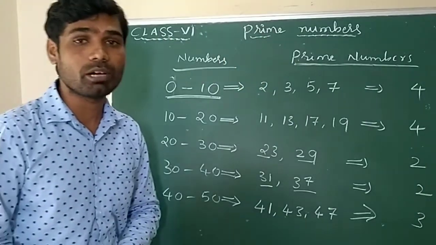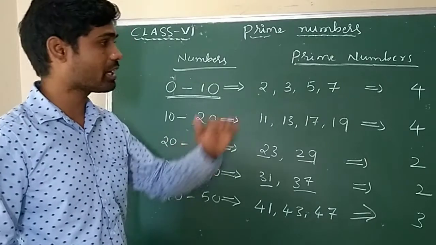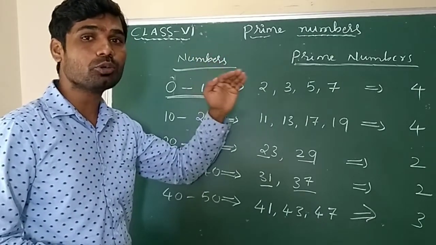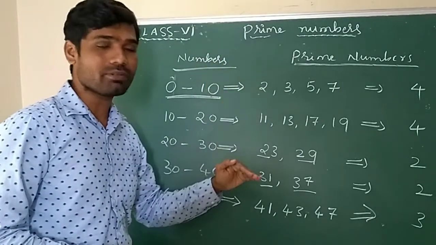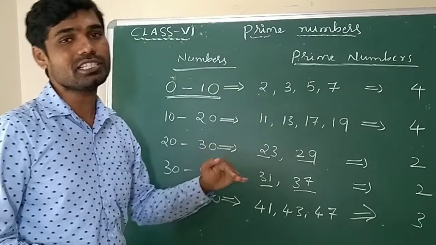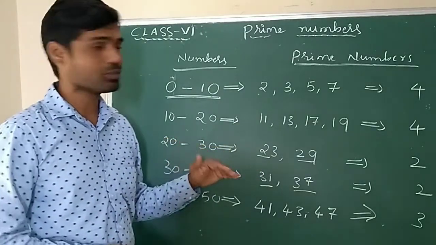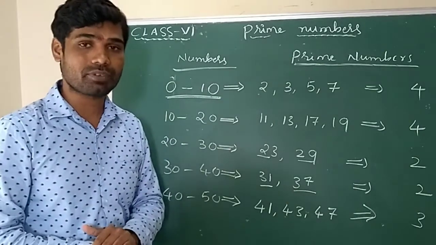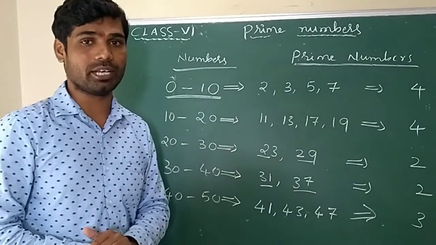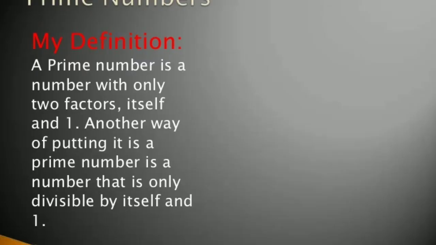So double 4, double 2, 3. So the simple logic way you can remember 4, 4, 2, 2, 3. In this way, it is easy to remember for a long time. So these are the prime numbers from 0 to 50. So you understand now what a prime number is: a number with only two factors, 1 and itself.